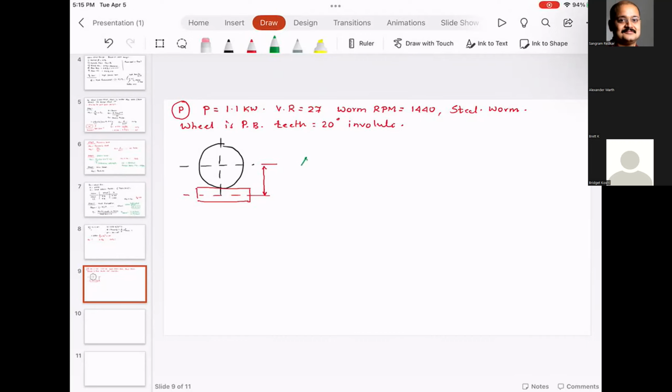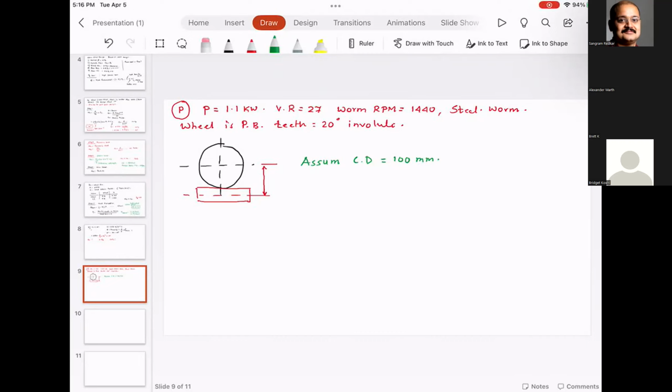So I'm going to assume, and this is just an assumption because center distance is not given, center distance is equal to, say, 100 millimeter. Based on the center distance, there is an empirical relation, and I'll tell you where it is given.